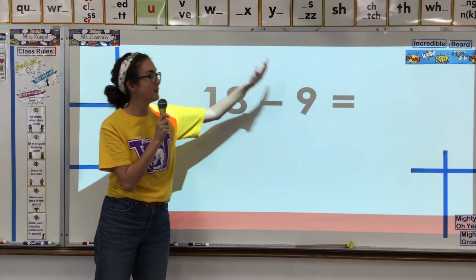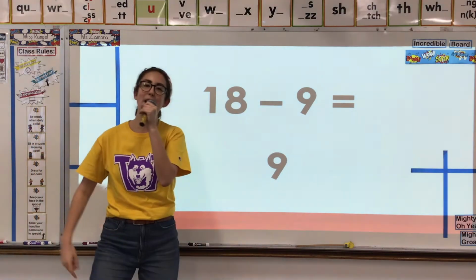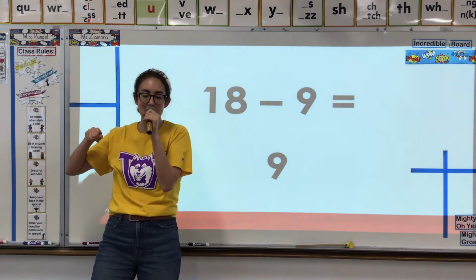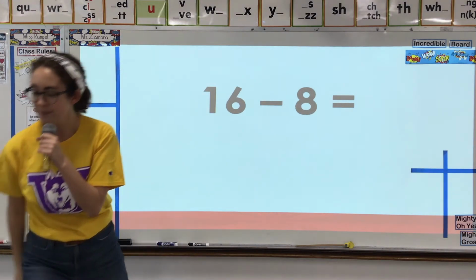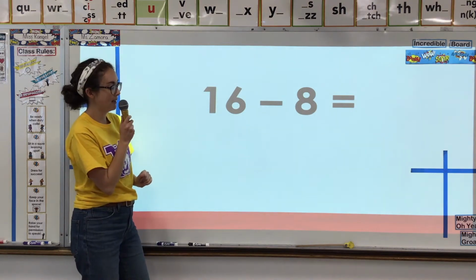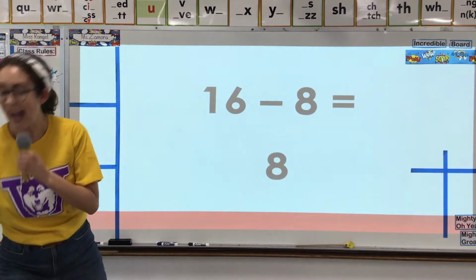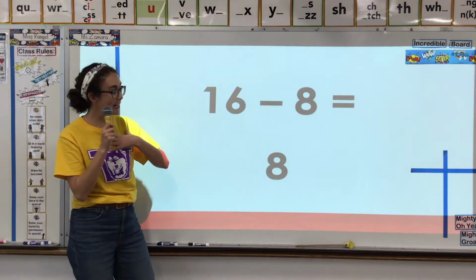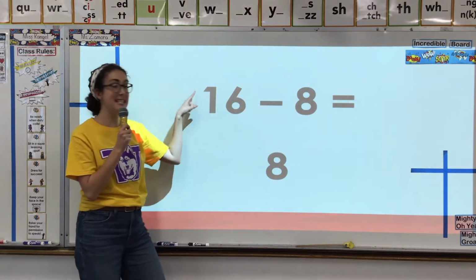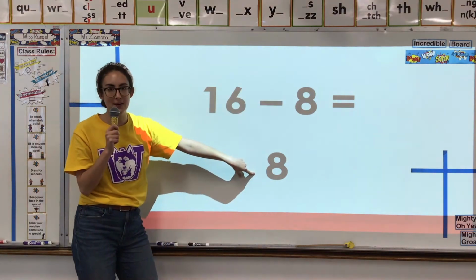So 18 minus 9 equals 9, of course. We reversed our knowledge. Okay, up next. 16 minus 8. That is 8, of course. I know 8 plus 8 is 16. So 16 minus 8 equals 8.